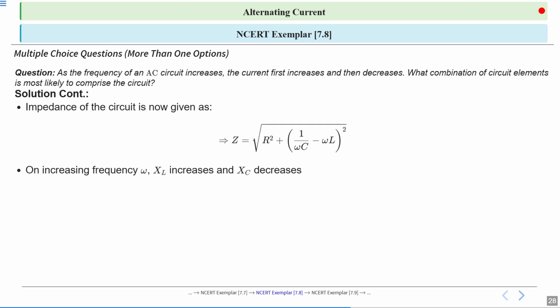On increasing the frequency omega, XL increases and XC decreases. As asked in the question, the frequency of the AC circuit increases, so XL will increase and XC will decrease.